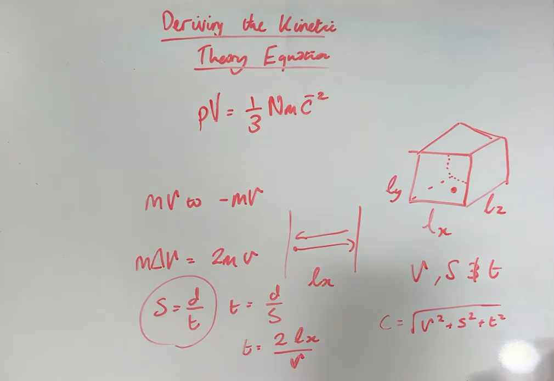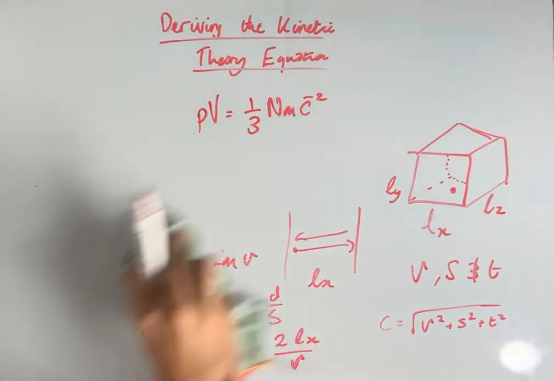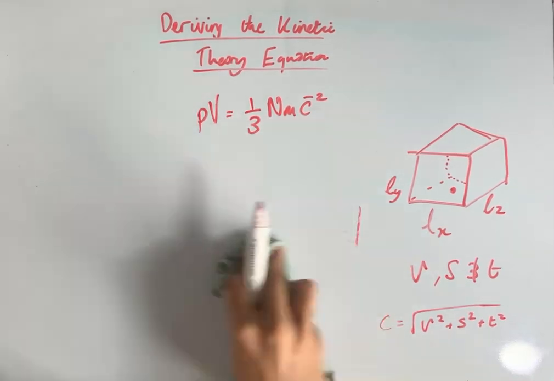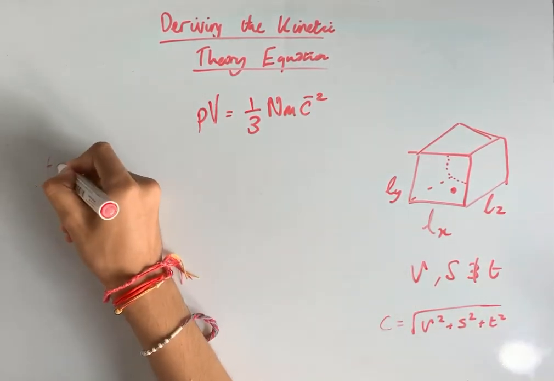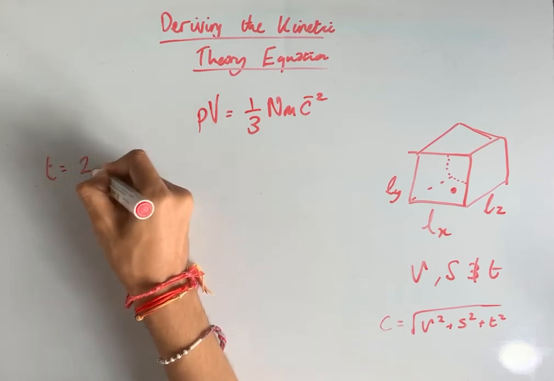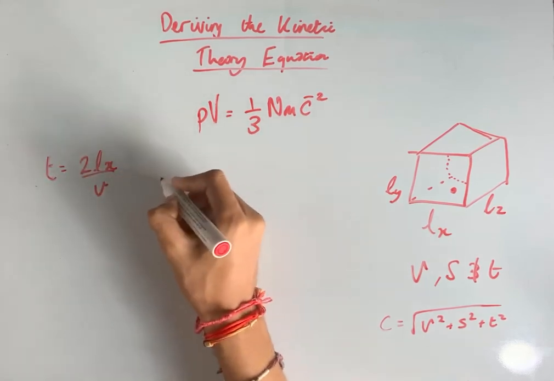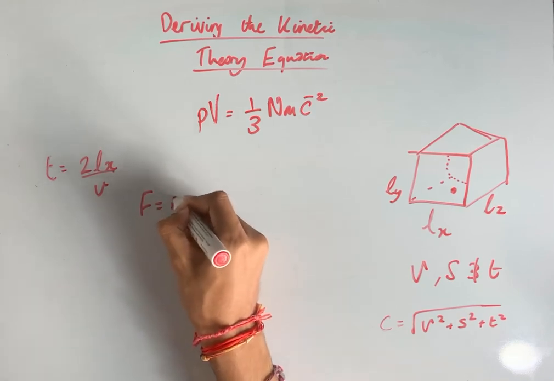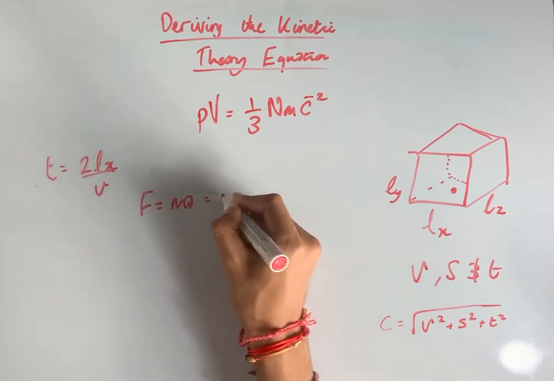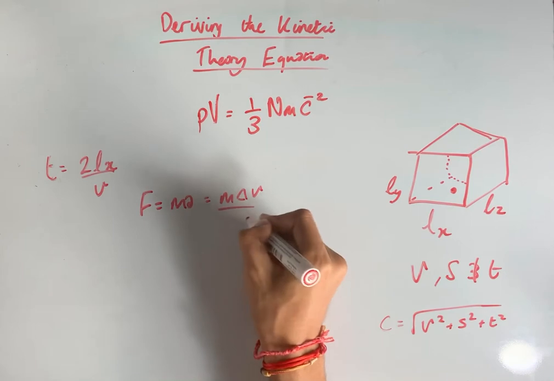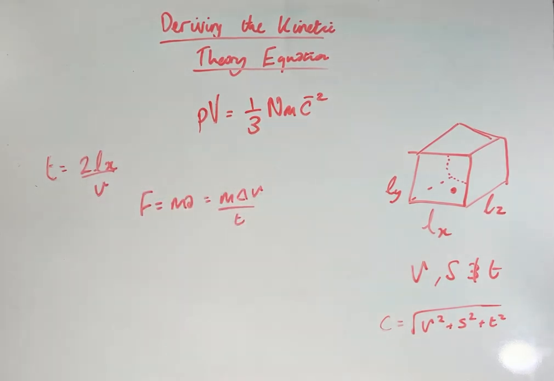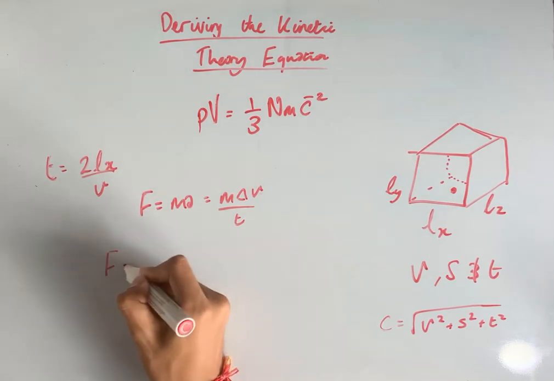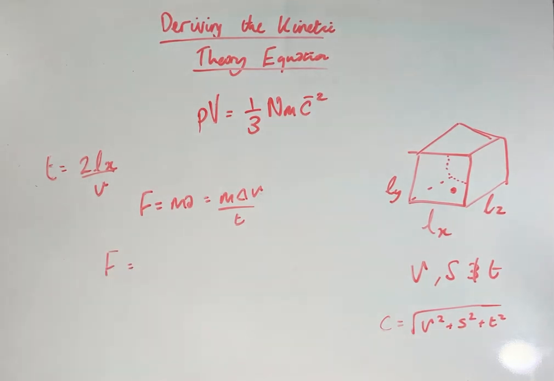Using Newton's second law, let me just rewrite that. T equals 2Lx divided by v. Using Newton's second law, F equals ma, also known as m delta v divided by t, we find that the force of the impact would be given by F equals, and remember we found that our change in momentum was equal to 2mv because it reversed.